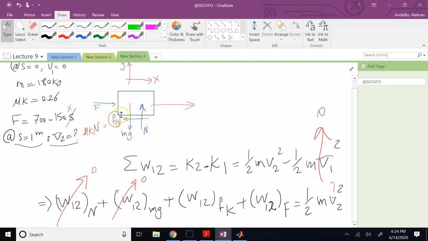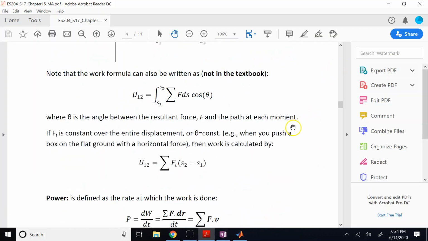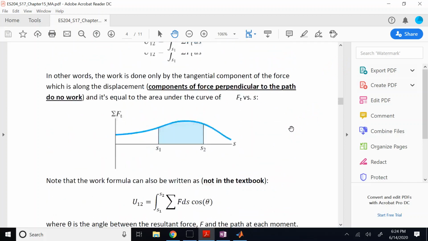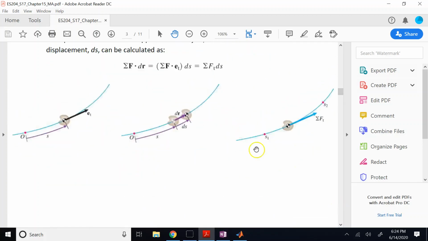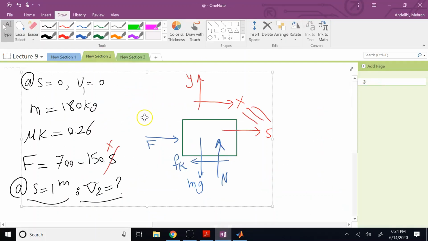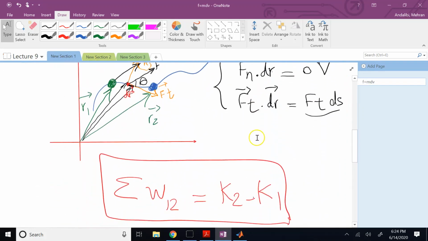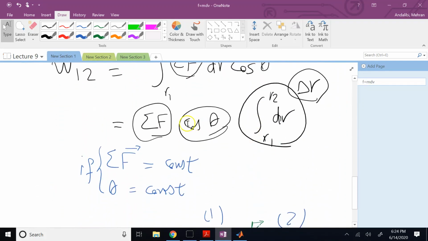The magnitude does not change. So all I can do is to use that simplified formula that we had, which is what? Force times displacement times cosine of angle in between. Remember this? Or this one that I wrote for you. Where was that? Here, I assume, right? The special case. So we can use directly that one.